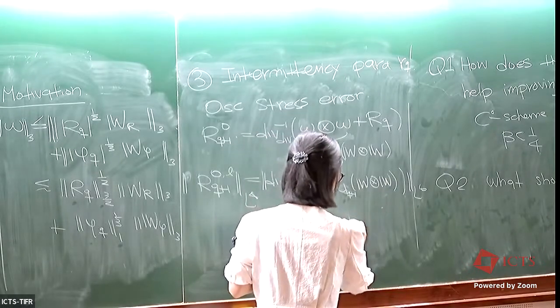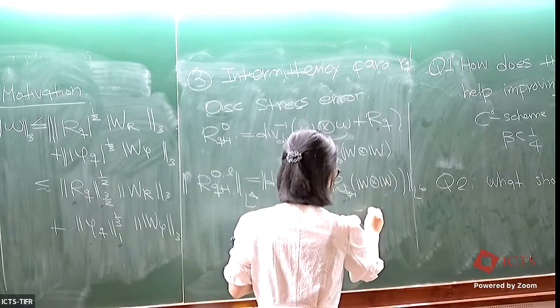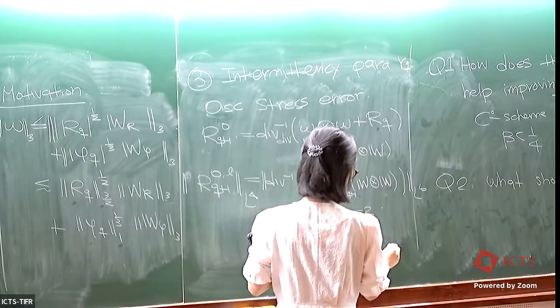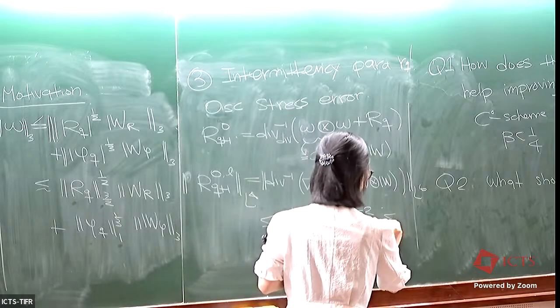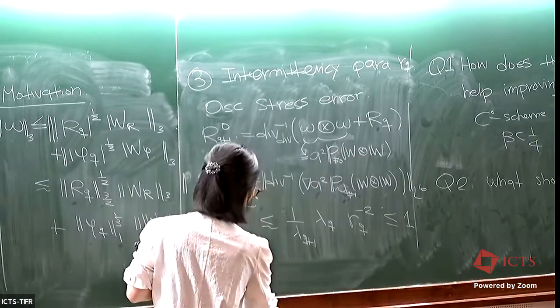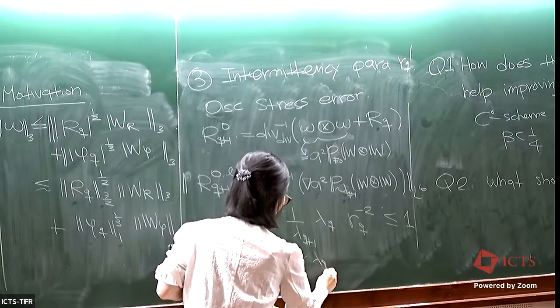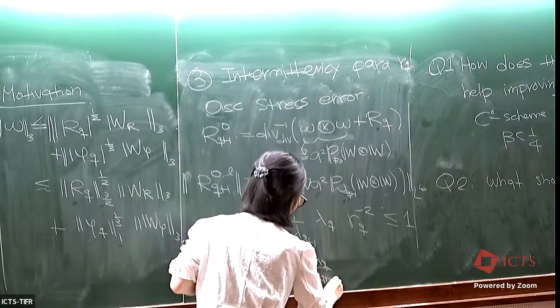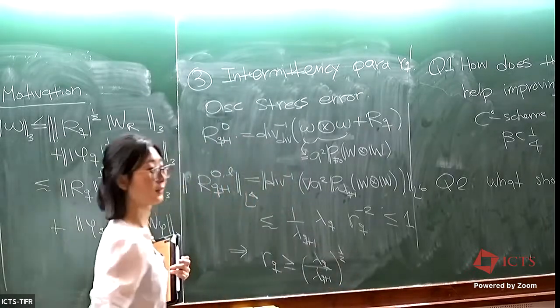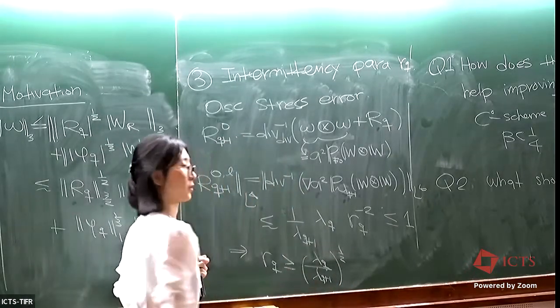And here you get the size RQ minus, and we want to make this one bounded. Then you will get the lower bound, RQ is greater than lambda q plus 1, to the power minus 1/2. So this will be actually our choice of the intermittency.